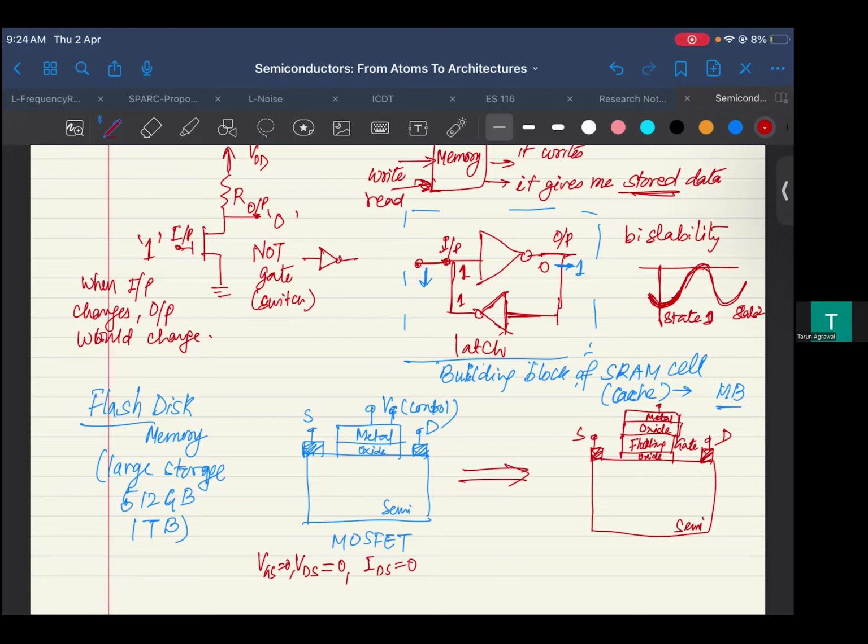But what the floating gate is doing is, let's say you are now in the state of writing. So when you are writing, you apply a high VG.